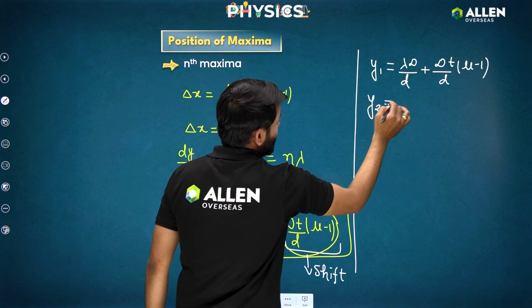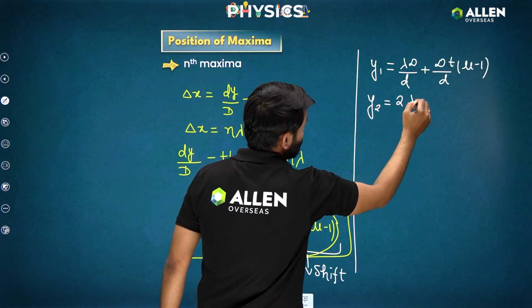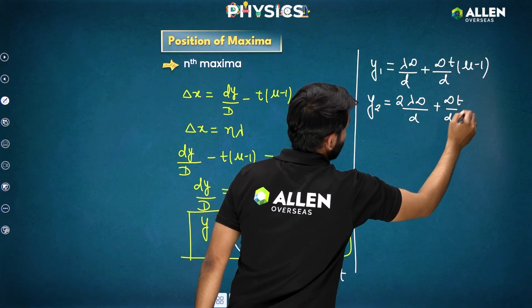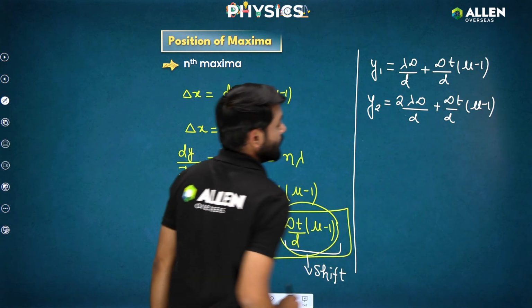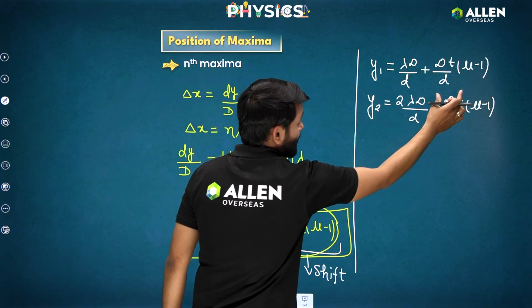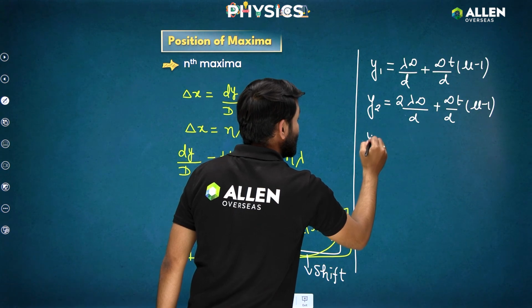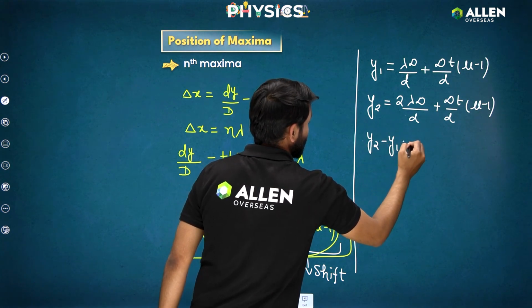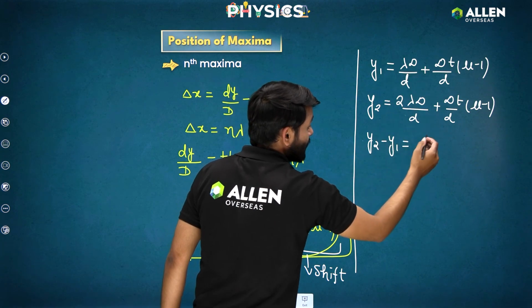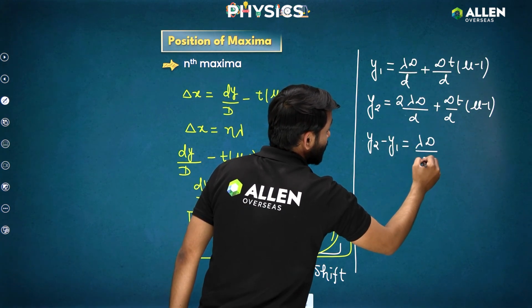Then position of second maxima, n is equal to 2. So lambda D upon small d plus dt divided by small d (mu minus 1). You can see here, this term is extra. If you find y2 minus y1, when you subtract, this cancels. 2 minus 1 is 1. So lambda D by small d.